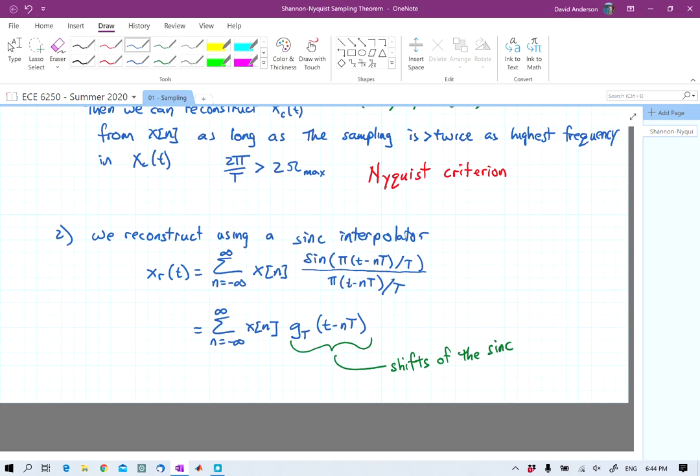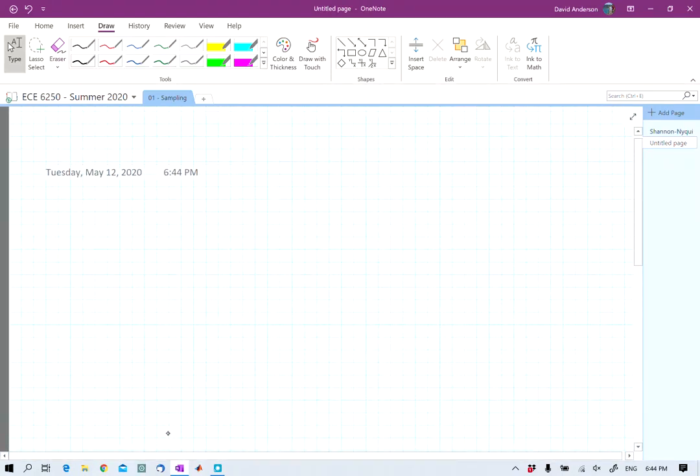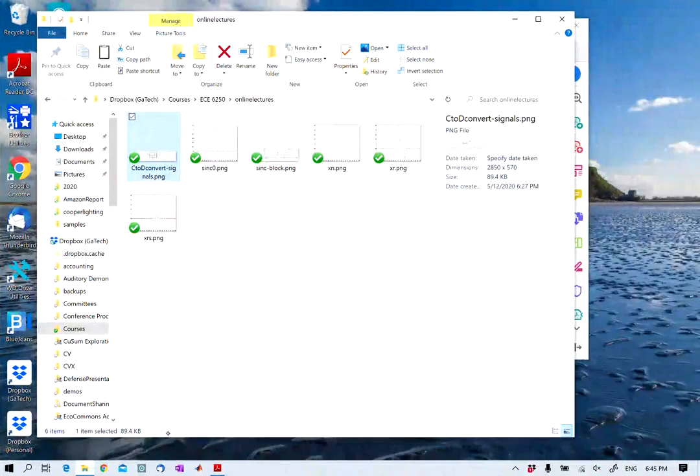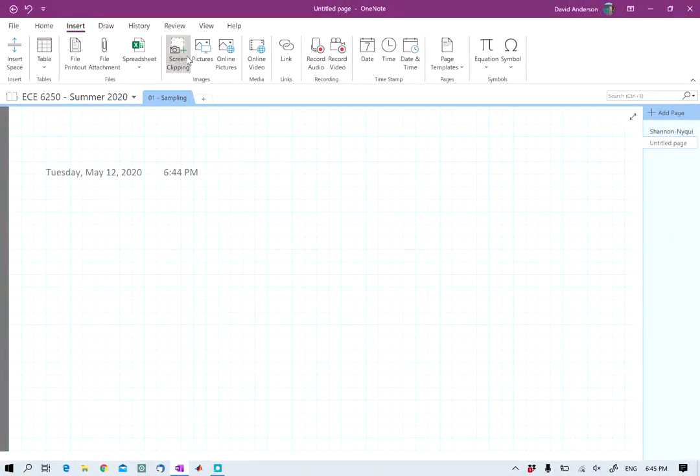And in fact, a bunch isn't quite accurate. It's an infinite number of functions with infinite support. And so from a practical point of view, this can be a little bit troublesome. But it's actually what's required for the ideal reconstruction.